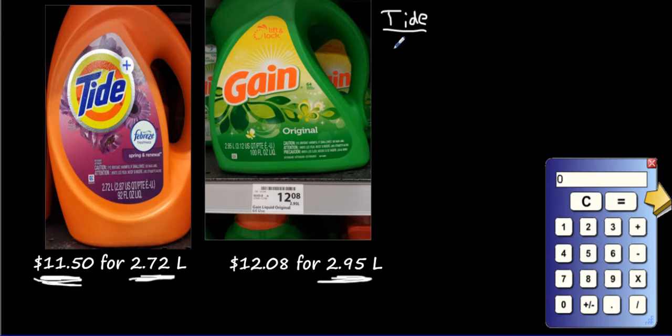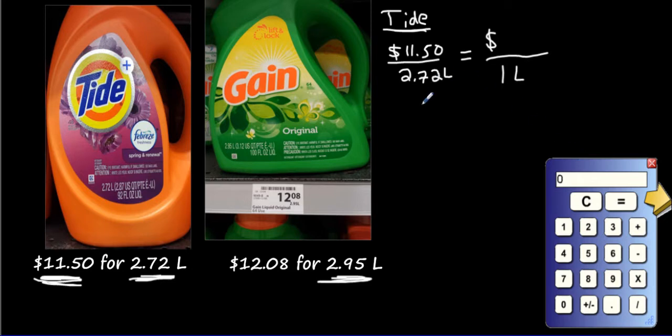We have $11.50, and that's for 2.72 liters. This is our known ratio. We know this. What's our unknown? How much is it for 1 liter? We need to find the unit rate. If this doesn't make any sense to you right now, go back and watch the unit rate videos.